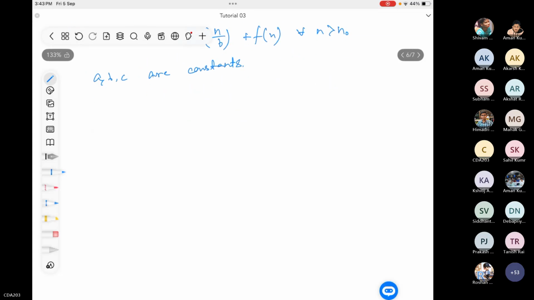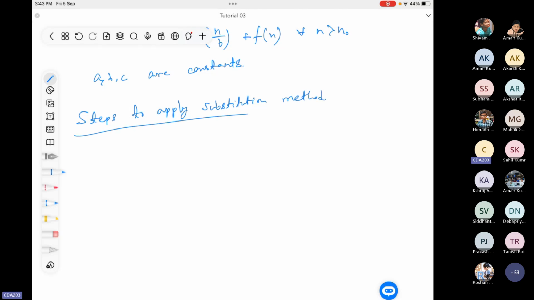The steps to apply the substitution method: basically you guess the solution.